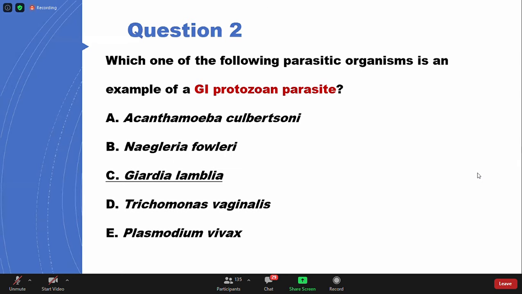The Naegleria fowleri also invades the tissues. The Trichomonas vaginalis also invades the tissues. And the Plasmodium vivax invades the blood mainly. Okay, good.